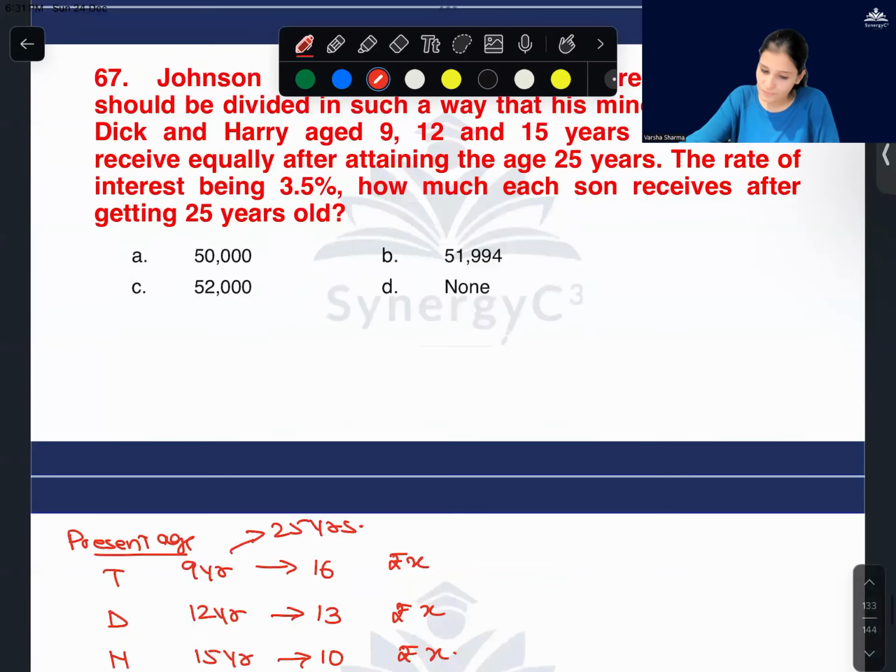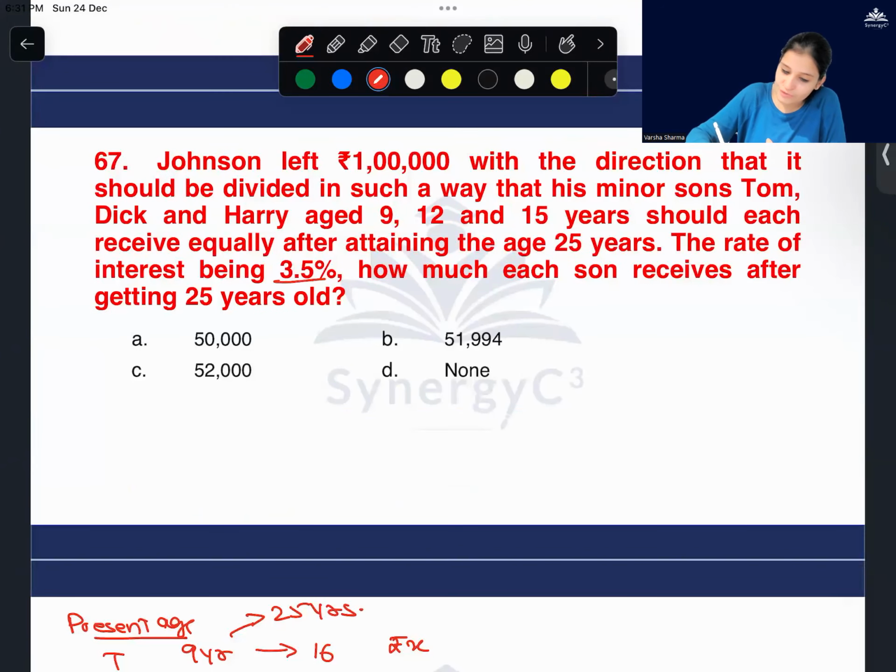Now, each one of them will get an interest of 3.5% and the total amount that they are getting should equal to how much? 1 lakh. Because that 1 lakh is getting distributed among all three. So the amount X that they are getting is in the future. But 1 lakh is when? Today.